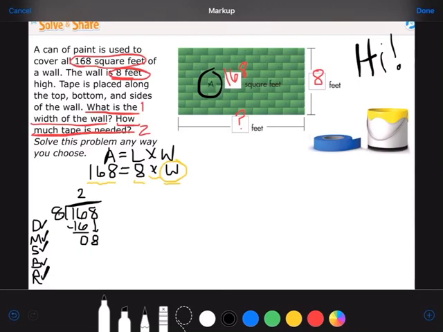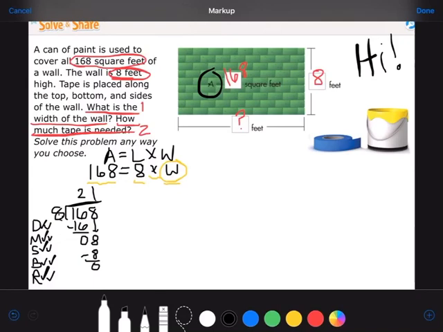Then I repeat. Let's go up to the top of our list and start all over again. We divide. 8 divides into 8 just one time exactly. I'm done. But let's go ahead and finish this guy out. We multiply 1 times 8 and we get 8. Then we subtract. 8 minus 8 we get 0. Bring down. We can't. There's nothing left.